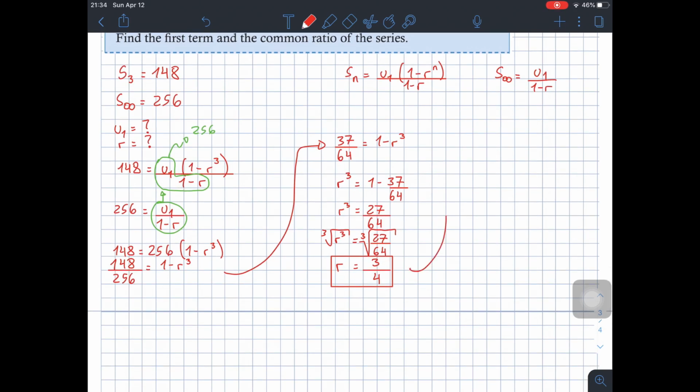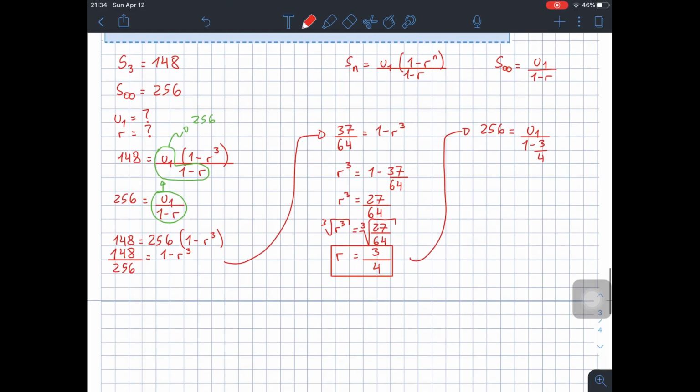So we would say, 256 equals u1, which we don't know, over 1 minus 3/4. And then we can solve for u1. 256 equals u1 over 1/4. So this is the same as saying that u1 is 256 times 1/4, which is 64. So u1, the first term of this series, is 64.